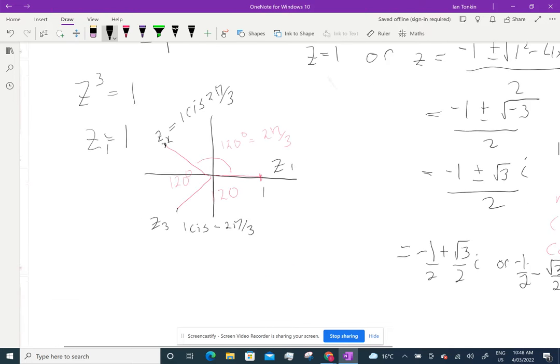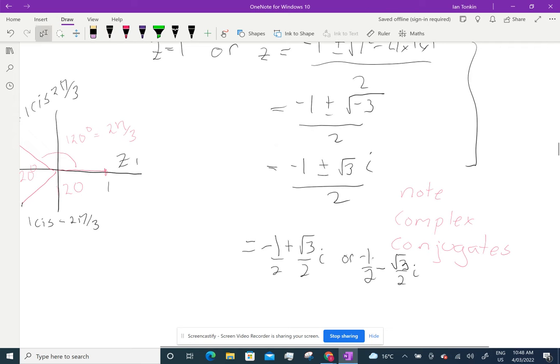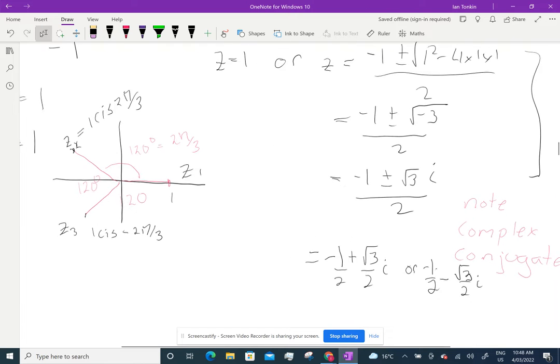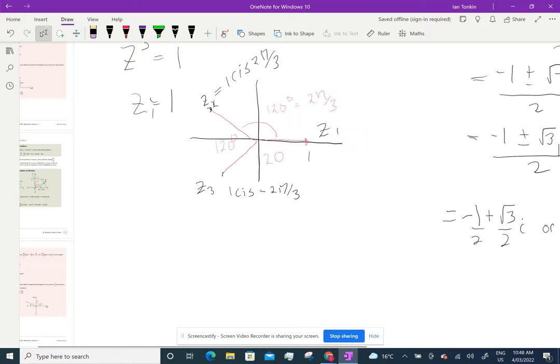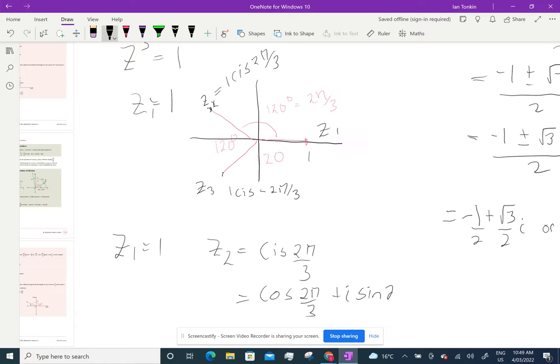Now remember, we already know what the 2 answers are. They're over here. But let's watch what happens. So we get Z1 equals 1. Z2 equals cis 2 pi on 3. Well, that's cos 2 pi on 3 plus i sine 2 pi on 3.